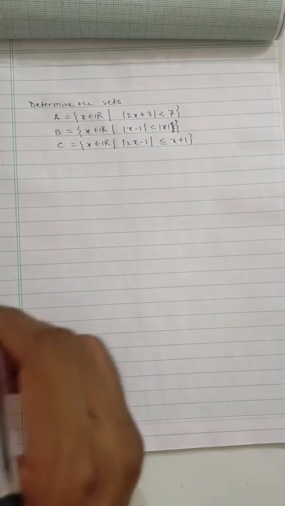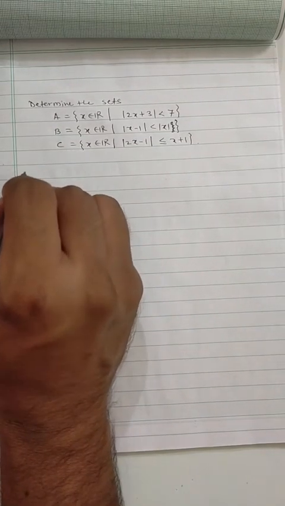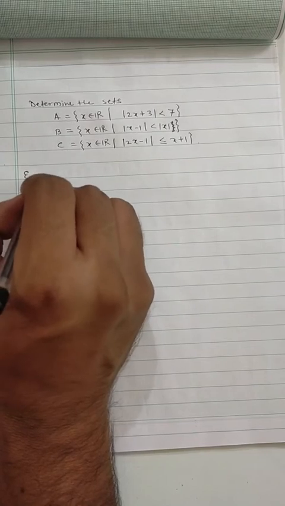One more definition is there, the epsilon neighborhood.